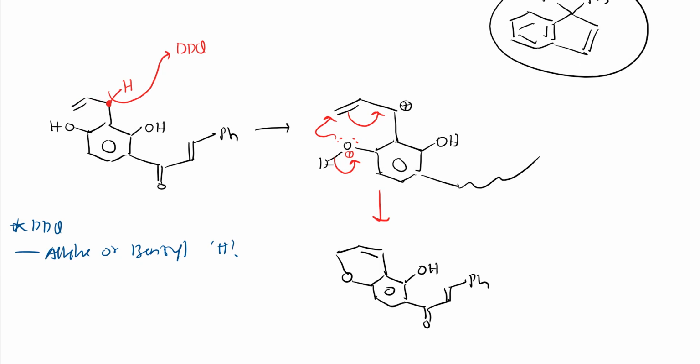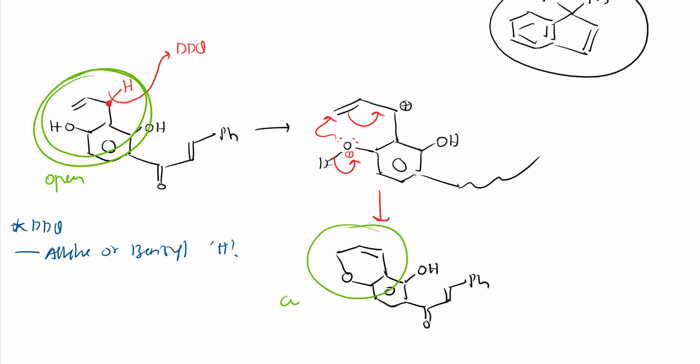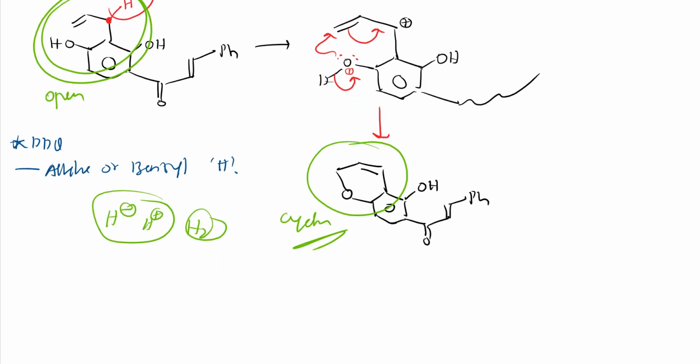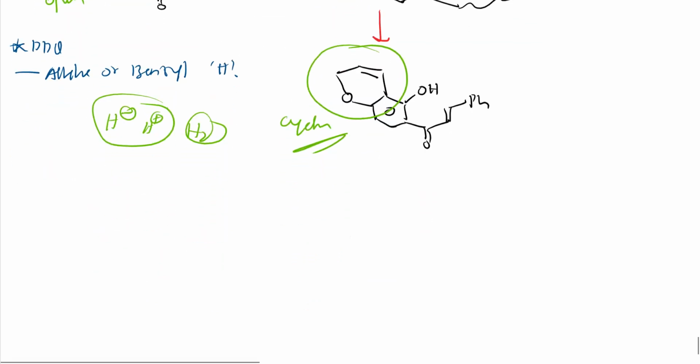Initially this ring was open, now it has closed. How has it closed? By removing H2. I can call it H minus and H plus, which have been removed. So I got this cyclic product, right? This is how cyclization happens. These are the reactions of DDQ.